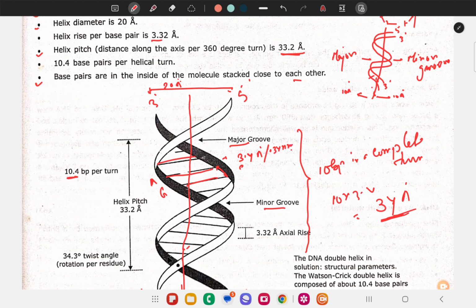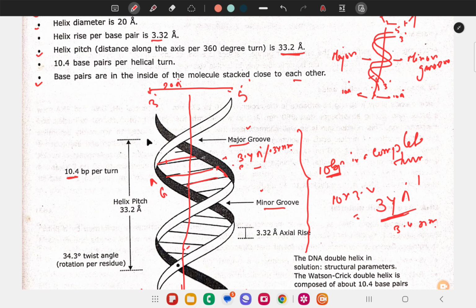One complete turn contains one major groove, one minor groove, and 10 base pairs. So 10 base pairs times 3.4 is 34 angstrom, or 3.4 nanometer, the distance of a complete turn. The DNA strands are antiparallel: one strand is 5' to 3' and the other is 3' to 5'. Why antiparallel? Because of their stability.